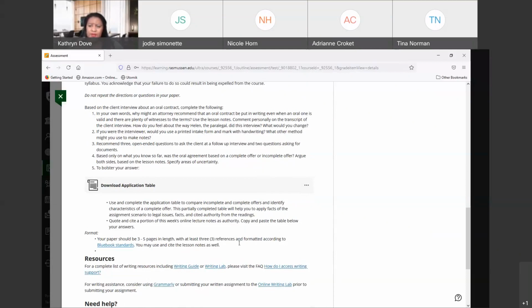Some people think in a way that's linear. Some people think in a way that is more spatial and associational. Depending on how you think, this application table will not help you. If you would like to download it and use it, I'm going to let that be a discretionary decision up to you. You can answer these questions without using that application table.